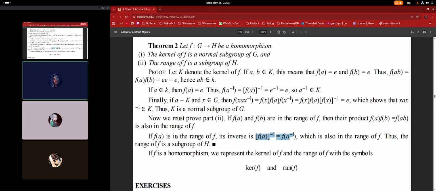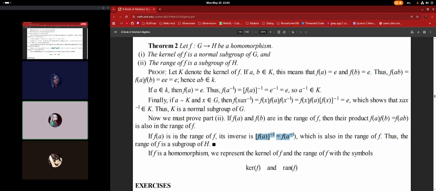How can you say that the range of F is a subgroup of H? H is the homomorphic image. But how can you make the relationship of subgroup using the range? Isn't the range H? Why isn't the range H? Am I crazy?